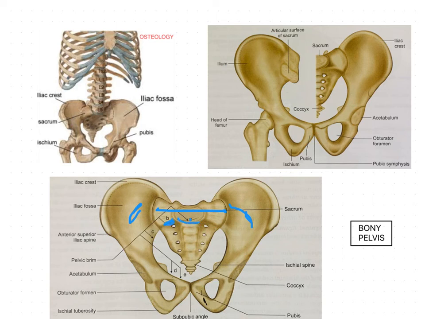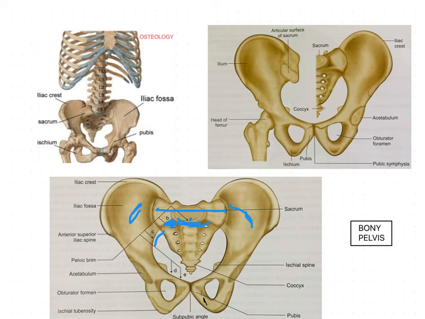Okay, so behind the brim, the structures are, first, the sacral promontory, and next, the ridge which separates the superior and anterior surfaces of the sacrum. The third, on either side, is the arcuate line of the ilium.